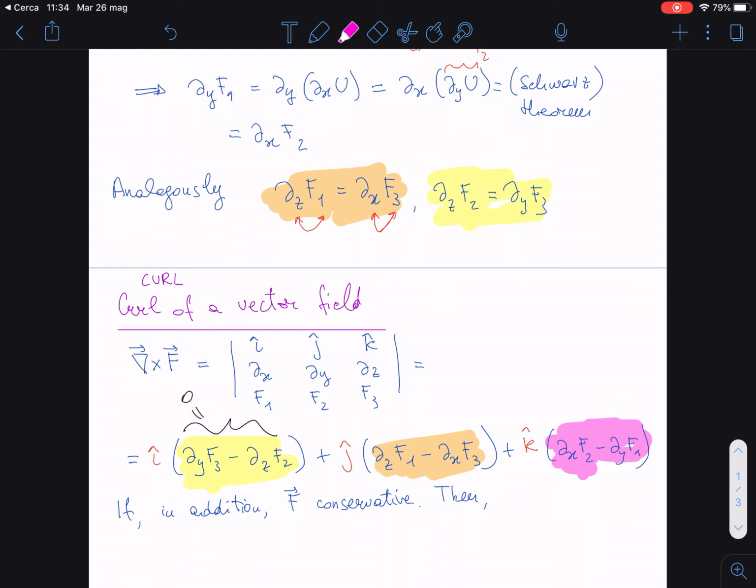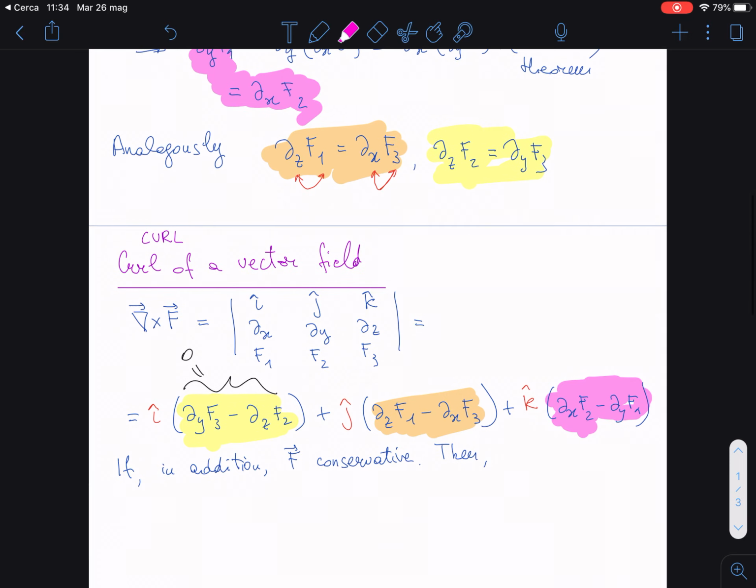And this is exactly the first computation that we made. So if f is conservative, then we have that the curl of f, which means nabla cross f, is equal to 0.